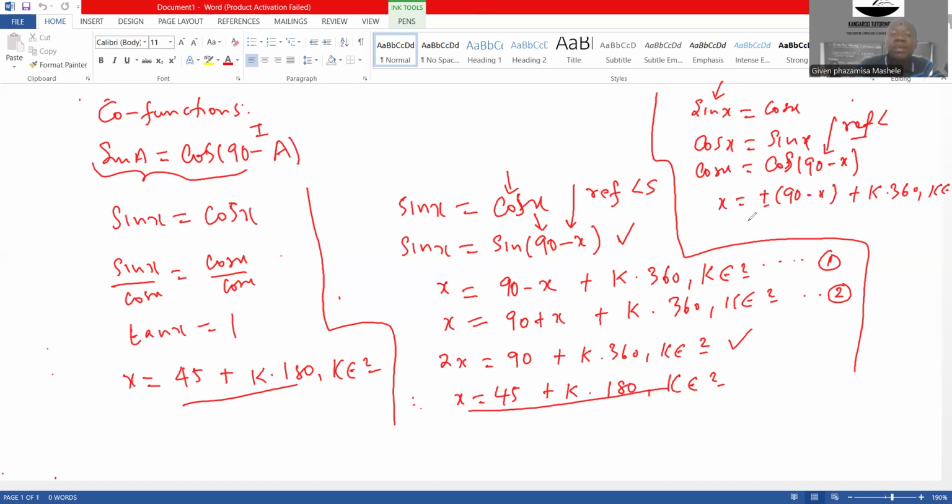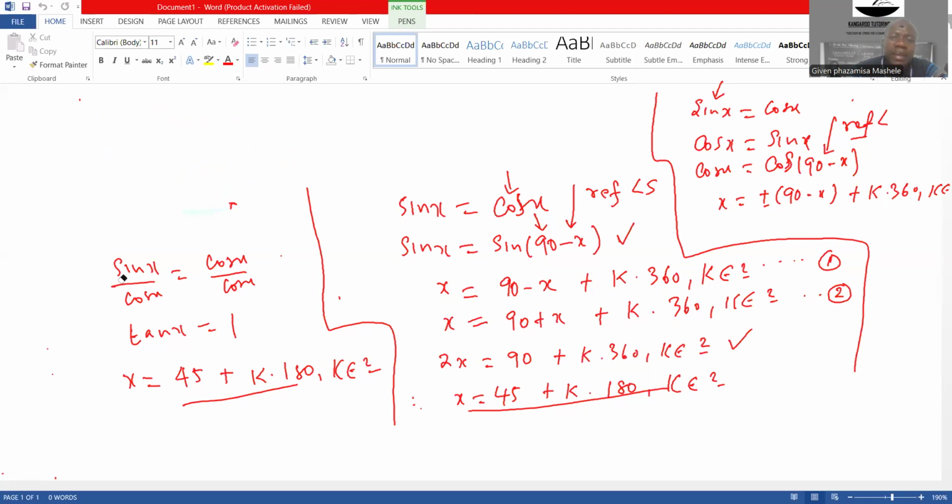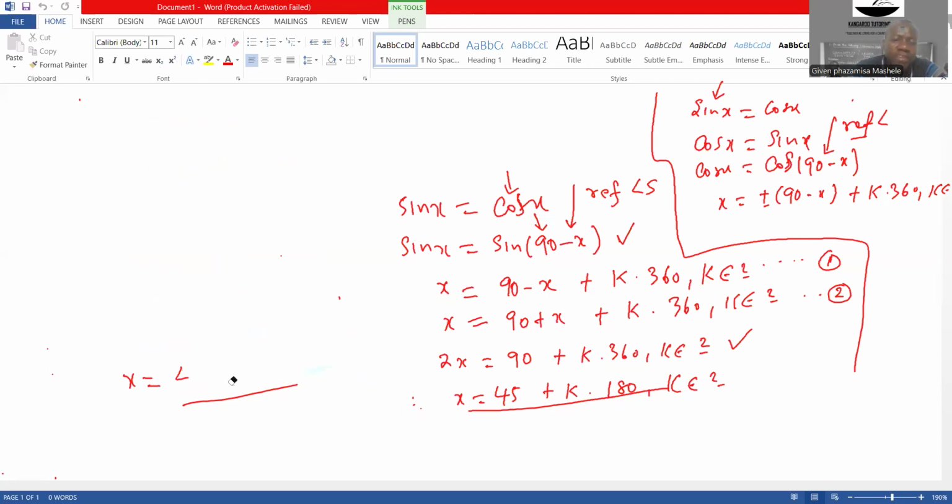When we say plus and minus, it means we can expand this and separate the expression into the plus and the minus.